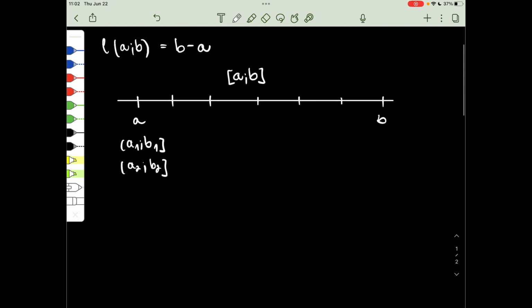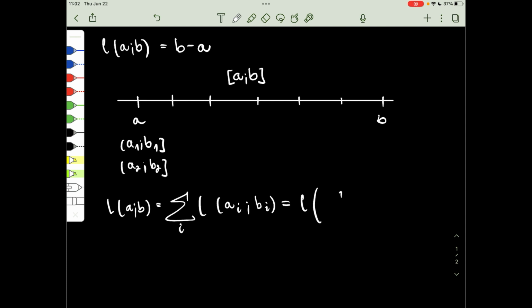And by playing on this division, we can show that the length of the entire interval can be written in two ways. One is the sum of the lengths of the individual intervals, which is equal to the length of the union of the individual intervals. That's the main idea underlying this problem.